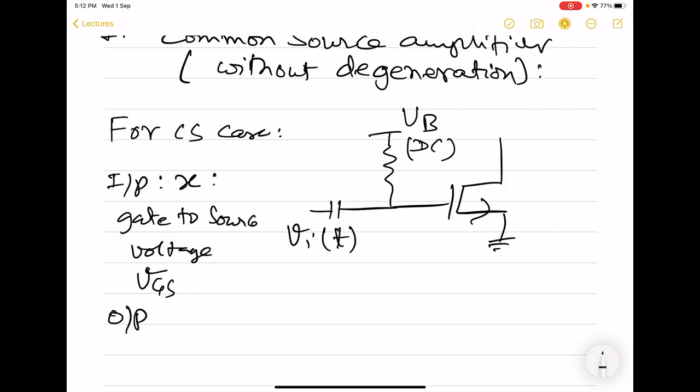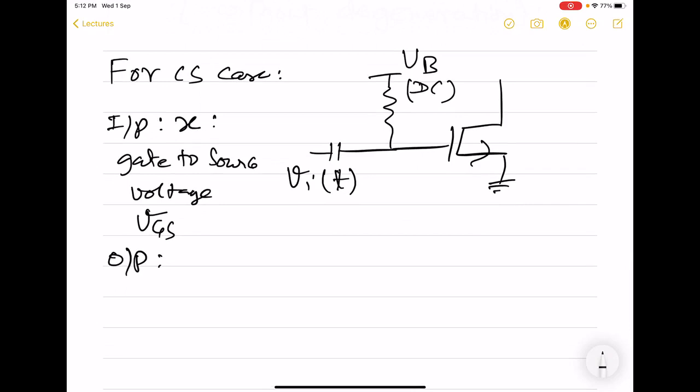And the output quantity, which we will be calling Y, is the drain current. And this drain current, of course, when it flows to a load, gives rise to voltage. So the primary output quantity is drain current. So in all the amplifiers that we will analyze today, we will assume the drain current as the output quantity.